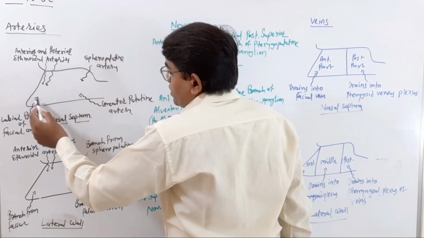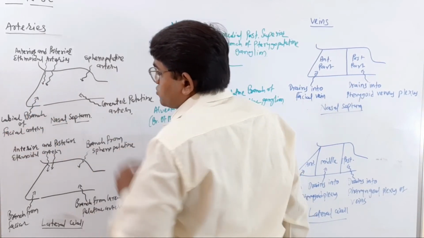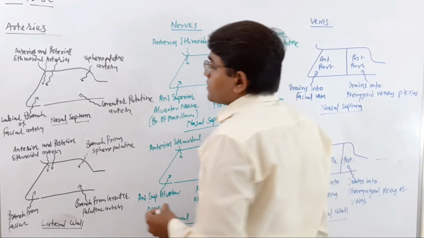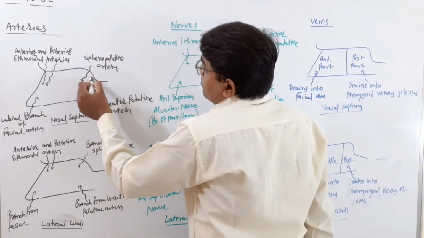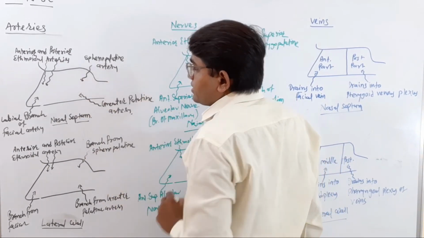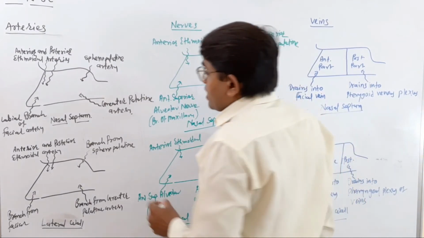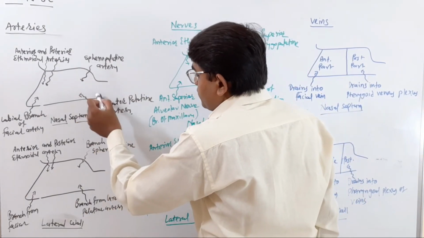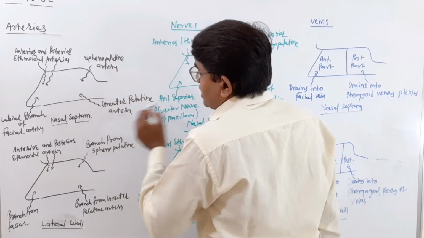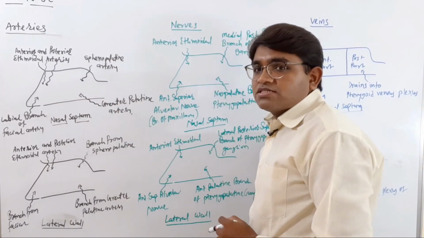On its antero-inferior part, the labial branch of the facial artery is supplying. On its posterior-superior part, the sphenopalatine artery is supplying, and on its posterior-inferior part, the greater palatine artery is supplying the nasal septum.